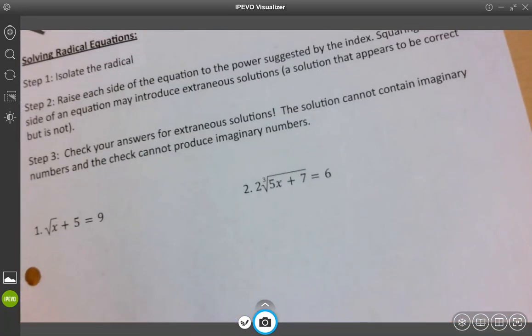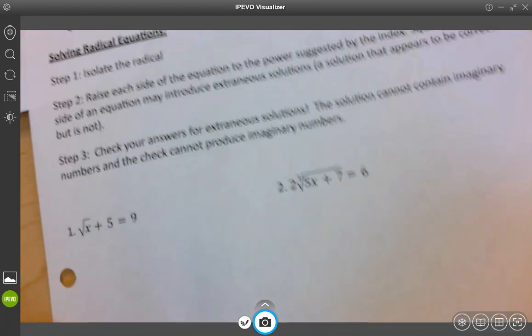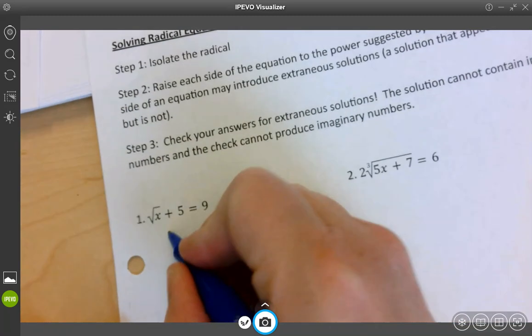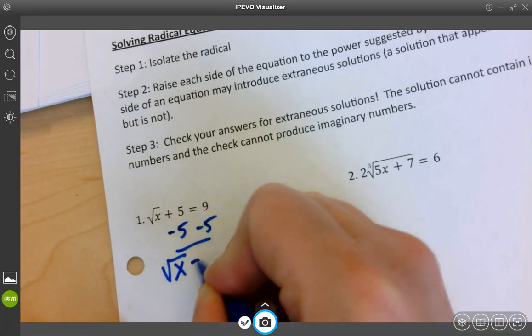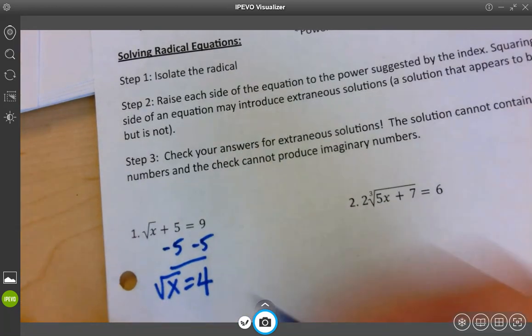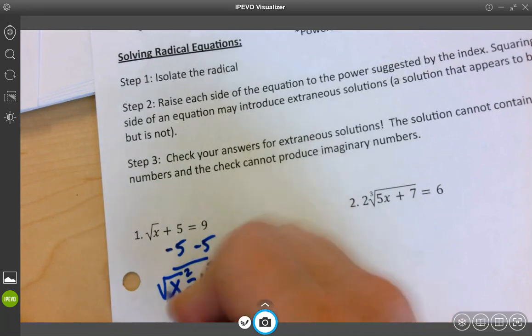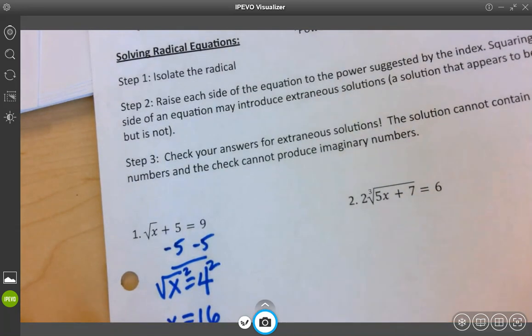Okay, I hear a lot of discussions and some of it's even math, which is super. Number 1, I saw a lot of people subtract the 5. And you had square root of x equals 4. And then what did you do to both sides? You squared it. Okay, squaring and square root will cancel, and we get x equals 16.